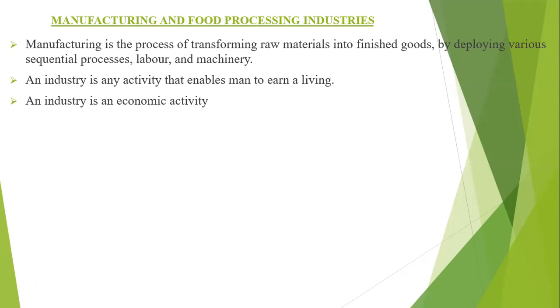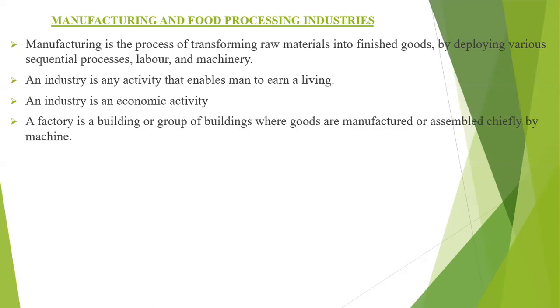So an industry is simply an economic activity. Now, when you talk of a factory, it is a building or group of buildings where goods are manufactured or assembled, chiefly by machinery. So you must be able to understand to say a factory is very different from an industry. An industry is an activity.